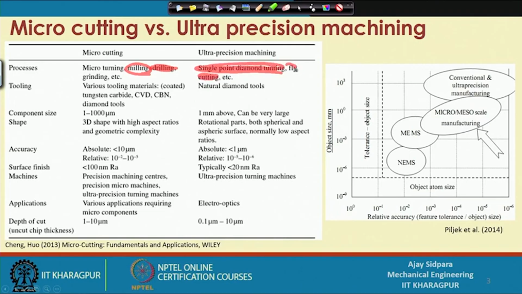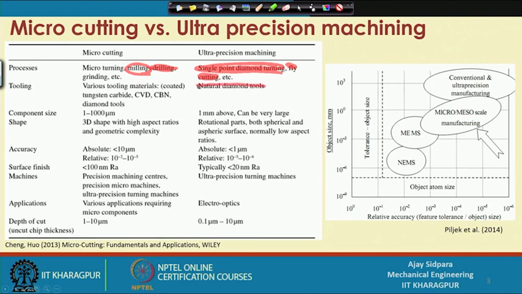We will see how both of these processes are useful. For tooling, we have seen that we can use many different types of tooling and coatings, mostly tungsten carbide, with some coating to enhance cutting tool life, reduce surface roughness, and reduce wear and burr formation on the components.